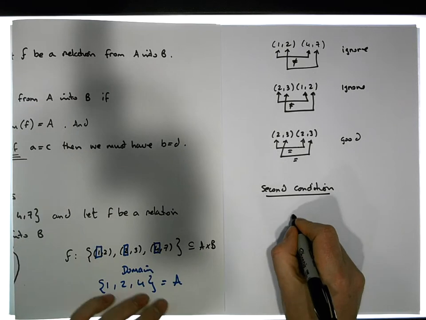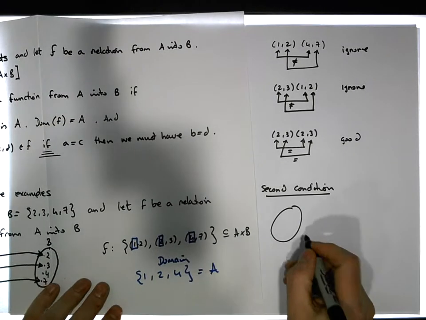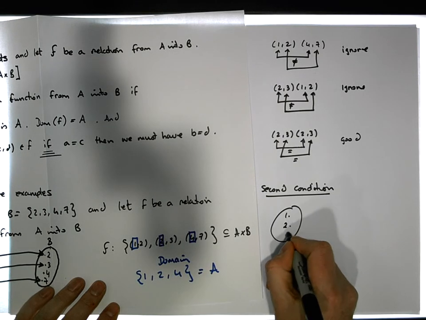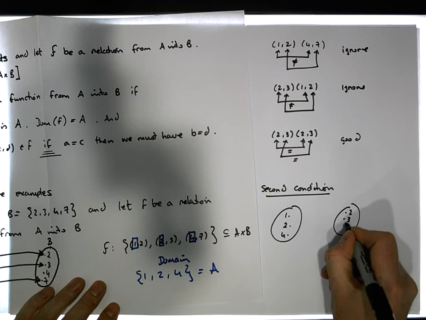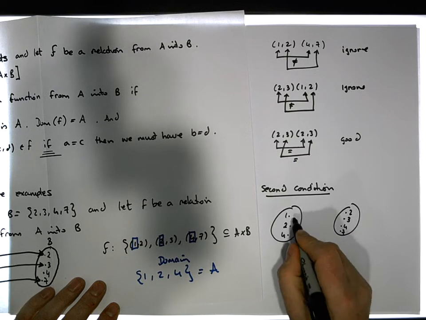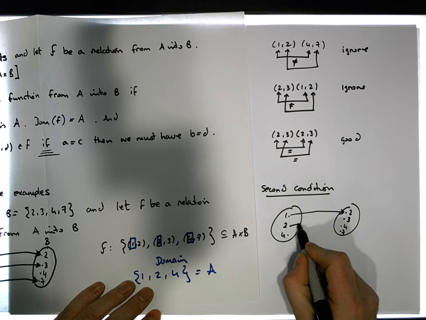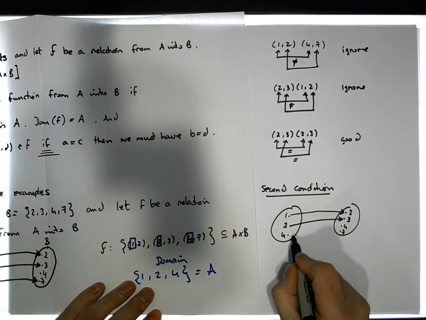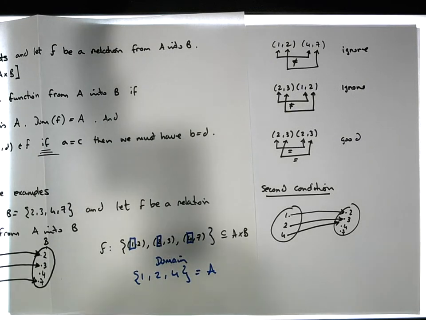Let's say we have something like 1, 2, 4 being mapped into 2, 3, 4, 7. Well, let's map everything in. So we have 1 goes to 2, we have 2 goes to 3, okay, and we have 4 goes to 3, okay. Here's a mapping here, okay. Let's check this function out.